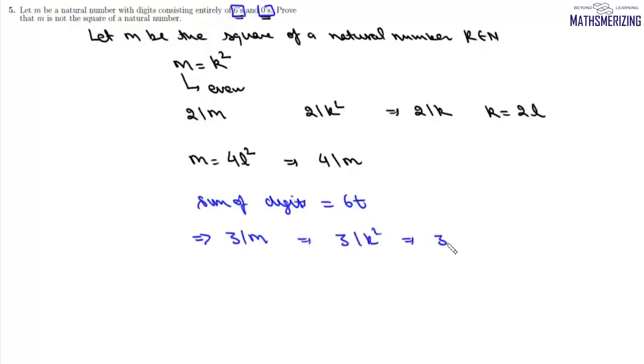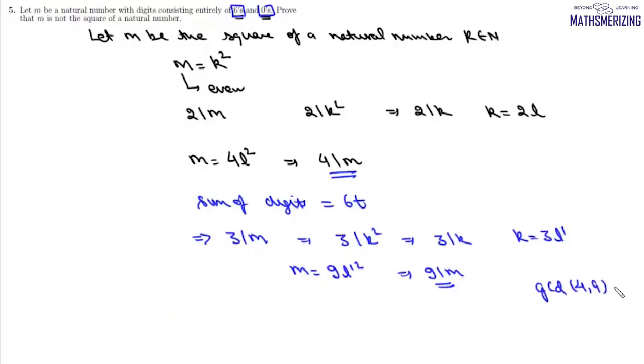It means 3 divides k. So if k is 3l dash, then this m will be 9l dash square, that is 9 divides m. So 4 divides m and 9 divides m, and GCD of 4 and 9 is 1. So it clearly means that 36 divides m. So this m is divisible by 36.